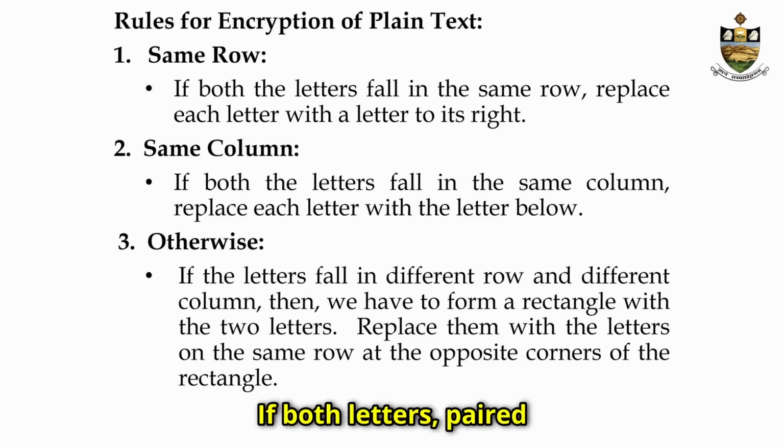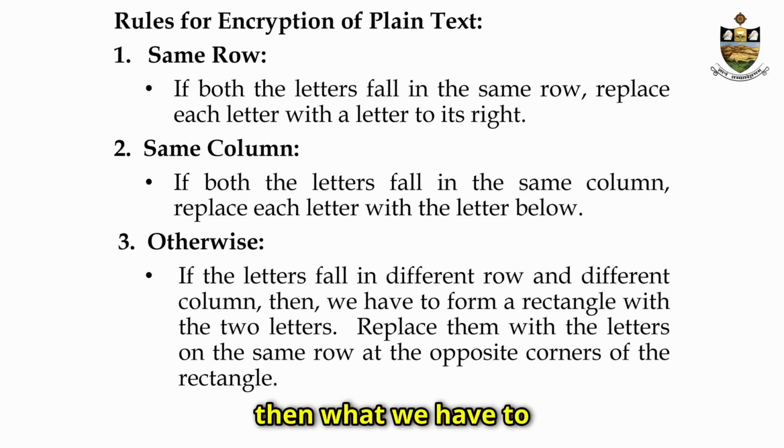If both paired letters fall in the same column, then each letter will be replaced with the letter below it. That replaced letter will be the ciphertext. The other case is, if the two paired letters are neither in the same row nor in the same column, which means they fall in two different rows and different columns.